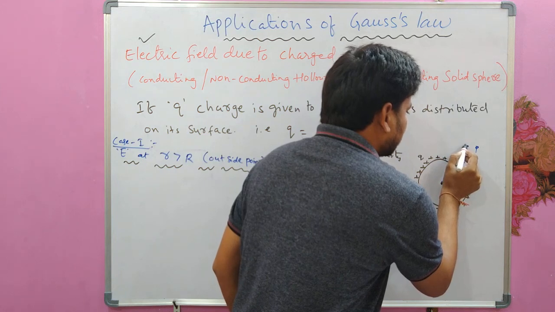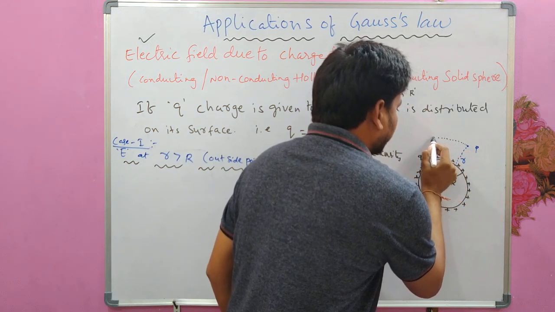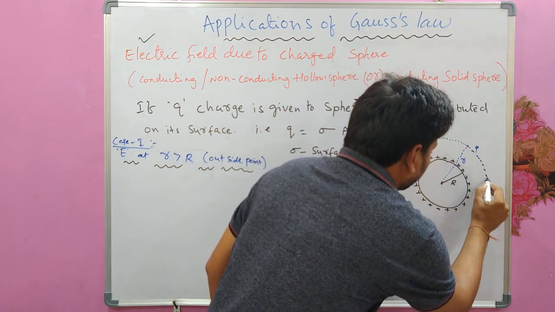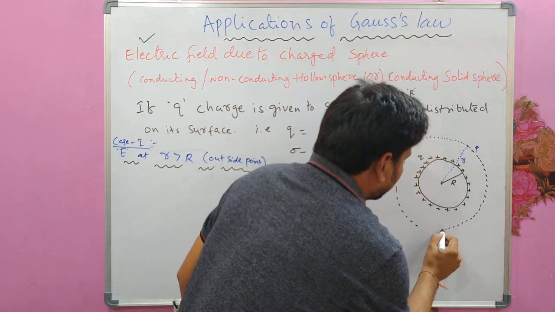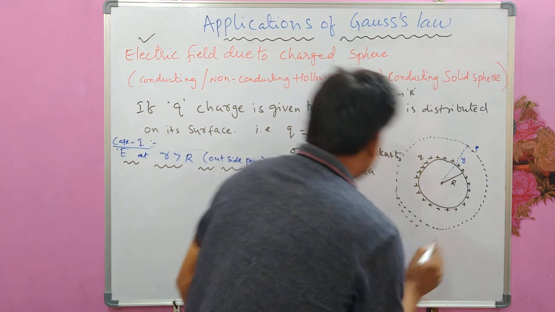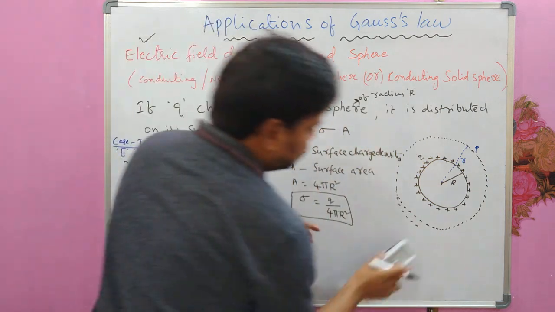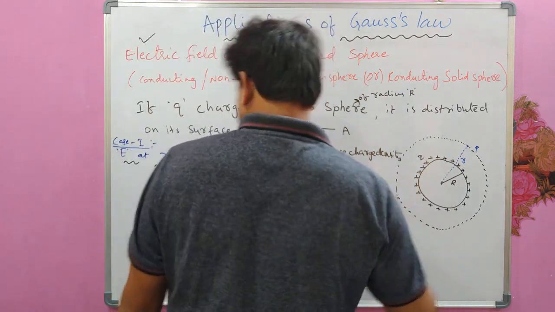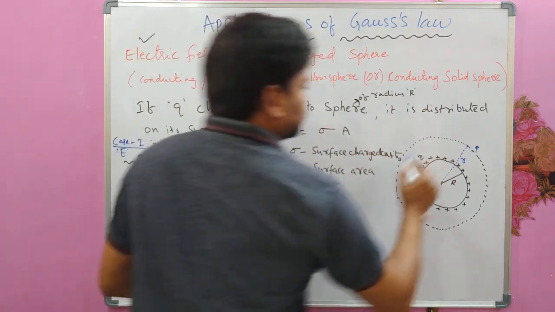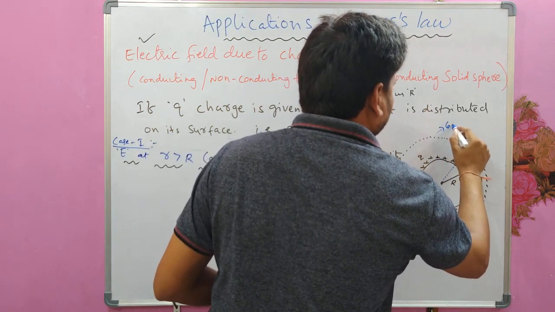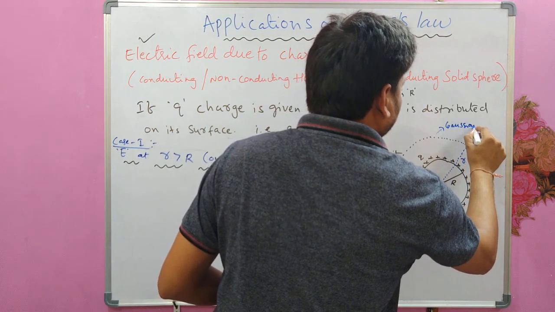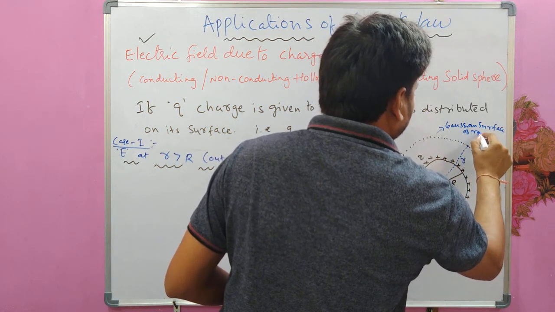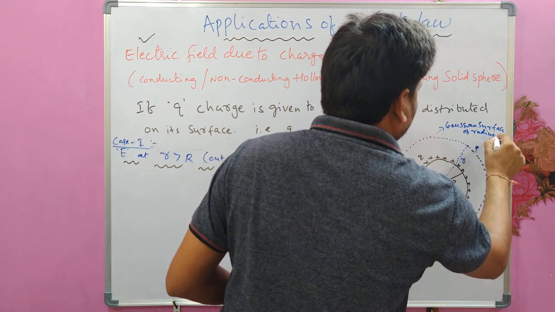This is my closed surface or Gaussian surface, which is passing through the point, of radius small r.